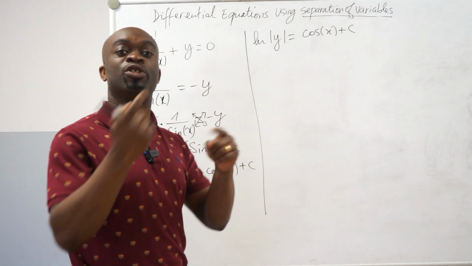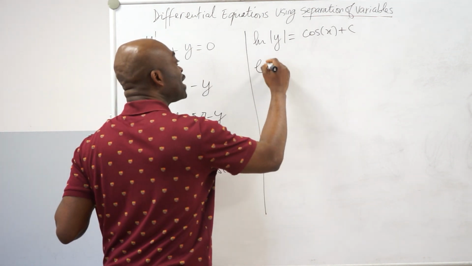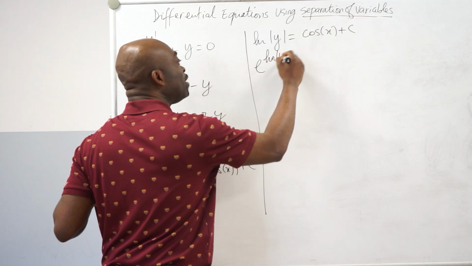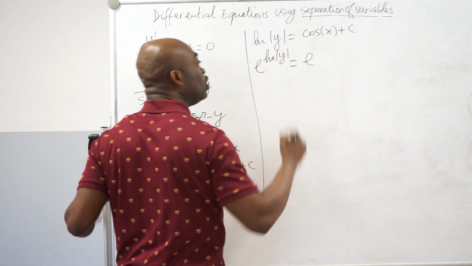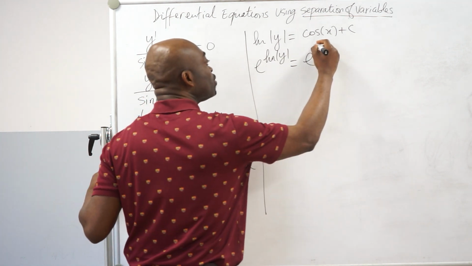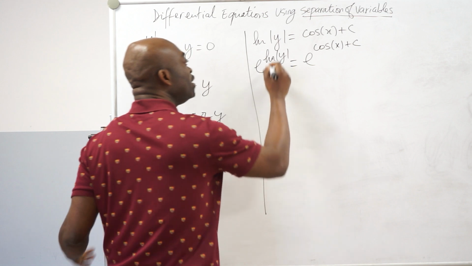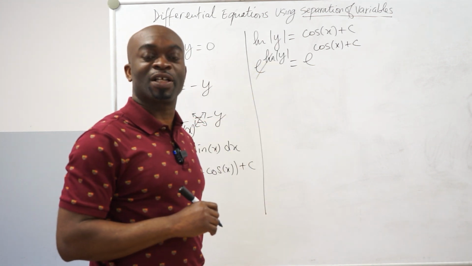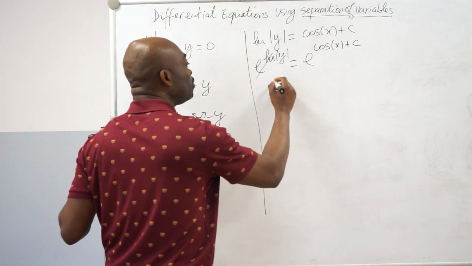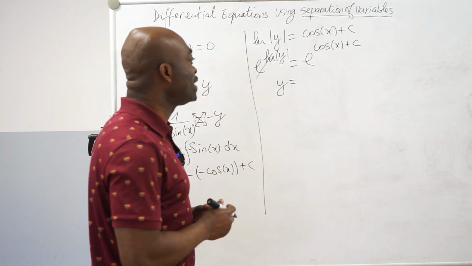To get rid of the ln, we do the inverse of it, which is the exponential function. So we take the exponential function of ln absolute value of y, and whatever we do on the left side of the equal sign, we do the same thing on the other side. That gives us exponential of cosine of x plus c. Exponential and ln cross out, and we end up with y. Instead of absolute value of y, we can write y in this case.